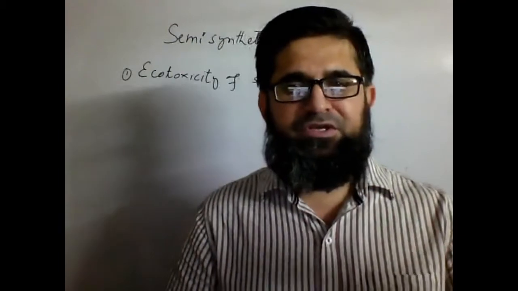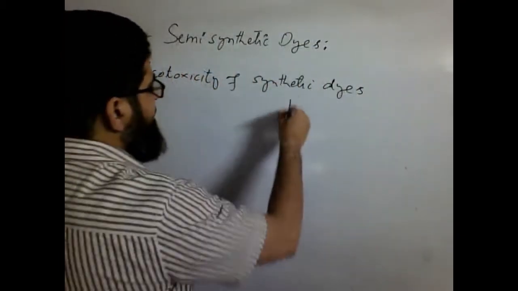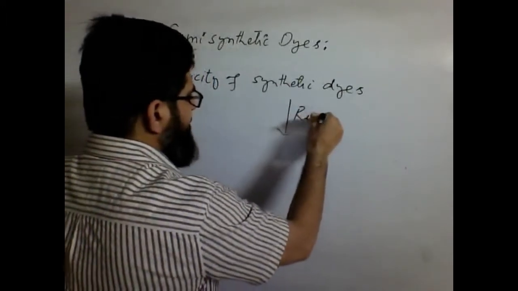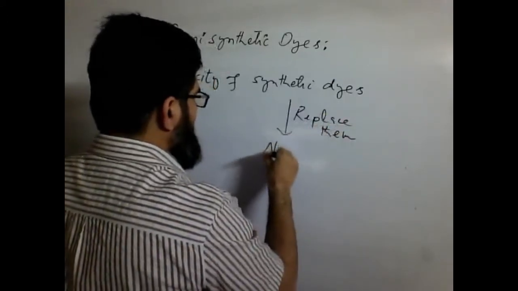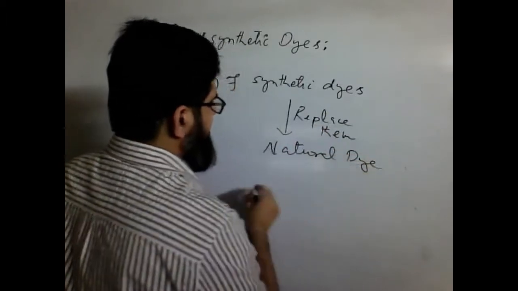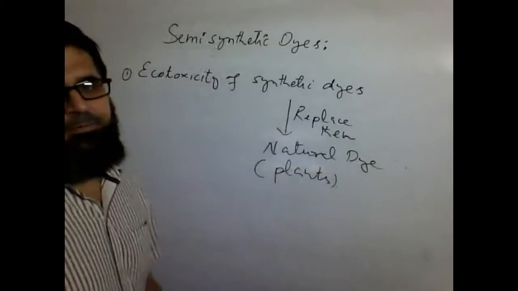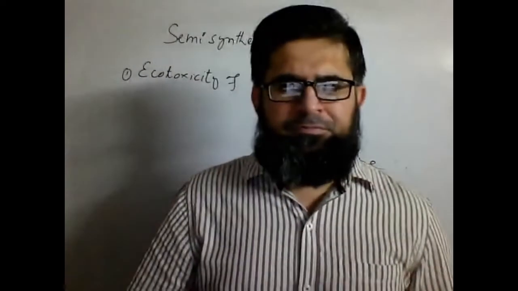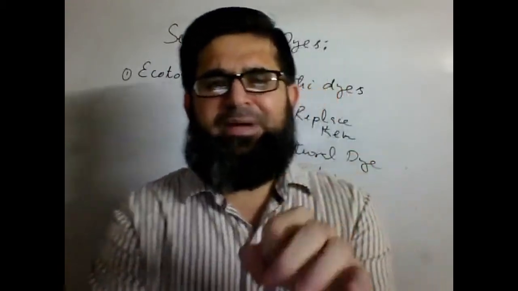Now we want to replace them with the natural ones, especially from plants. But I've told you we can receive dye from plants; for example, one can have an idea about turmeric.